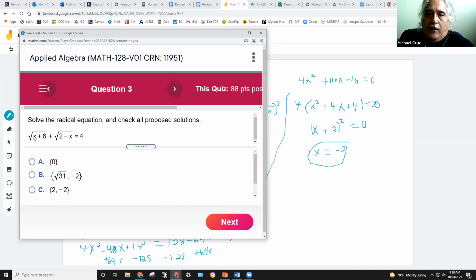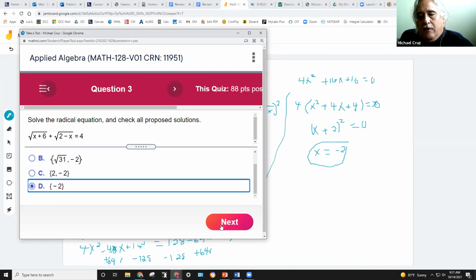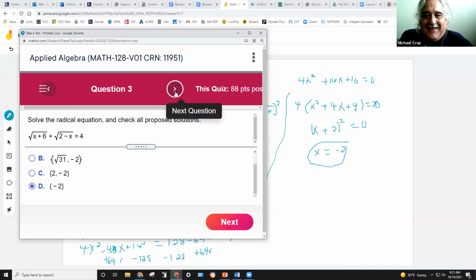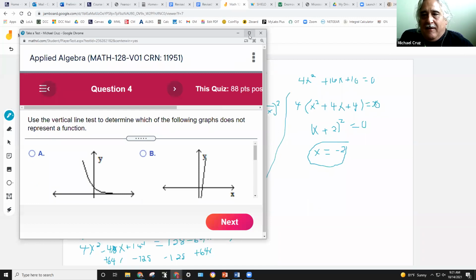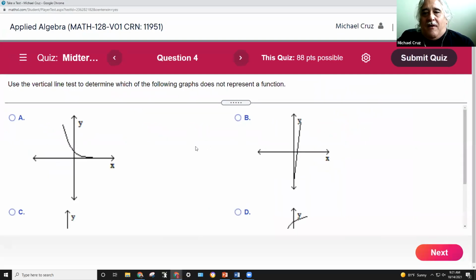And if we put it in the other one, we've got 2 minus a minus 2, which is also going to be the square root of 4. Square root of 4 is 2, plus square root of 4 is 2, and that's equal to, oh, good, it scared me. So that's it. Negative 2 is the only one. All right.